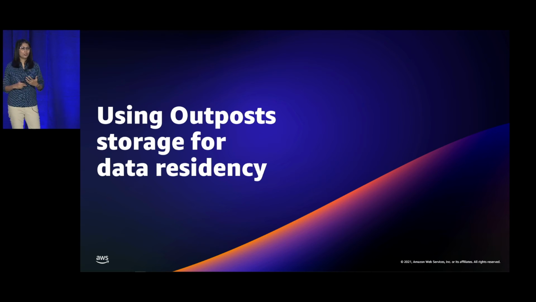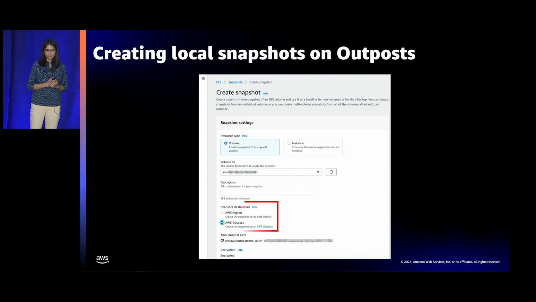So now that we talked about different storage constructs, let's see how we can use Outposts storage for data residency. This is an example of creating local snapshots on Outposts. If you have S3 on Outposts enabled and the volume is on an Outpost, you see that while creating the snapshot, you'll get two options for your snapshot destination, AWS Region and AWS Outpost.